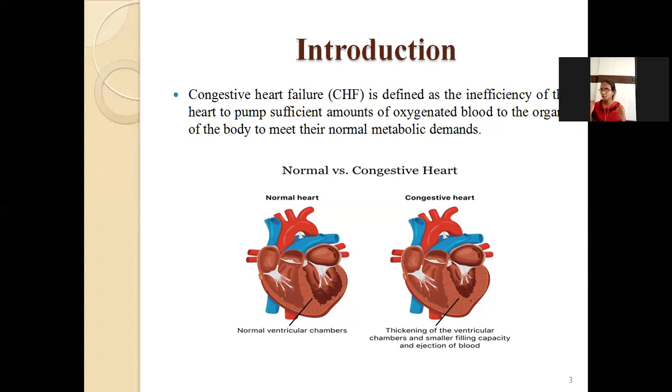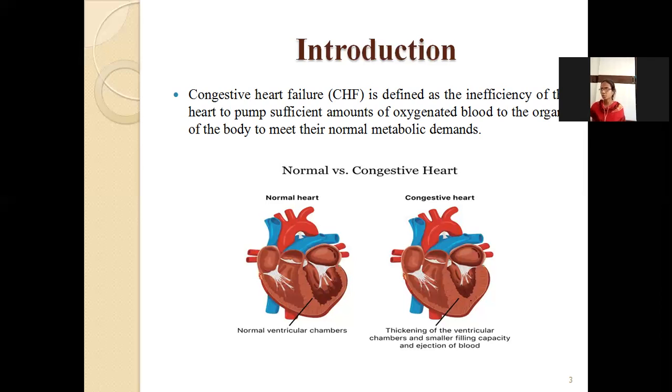After it is purified in the lungs, it is received by the heart again, and the heart pumps the oxygenated blood. But in congestive heart failure, the heart cannot pump the required amount of oxygenated blood to the various parts of the body. That is the problem in congestive heart failure.